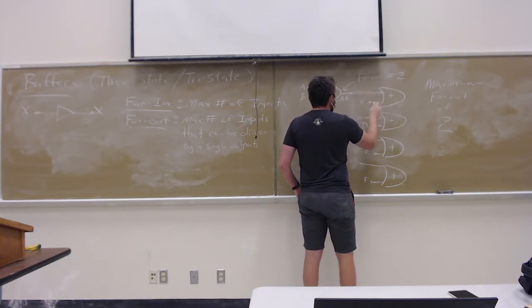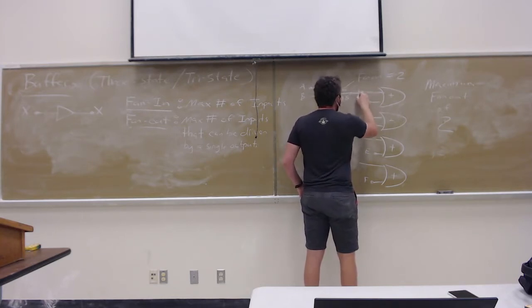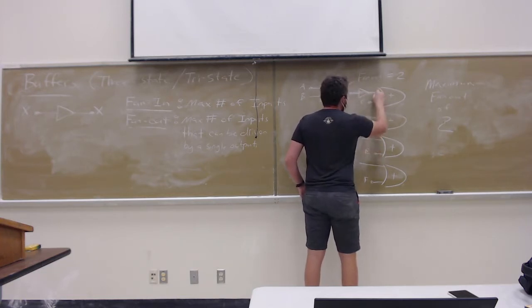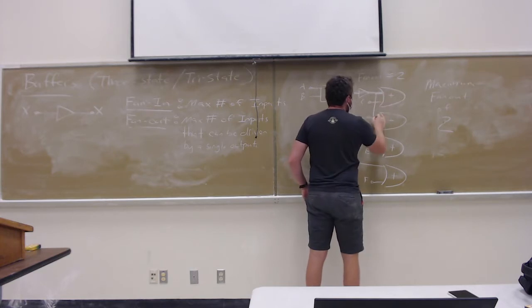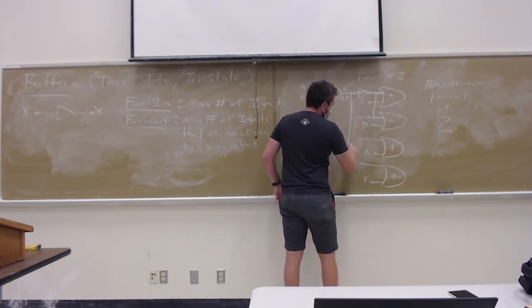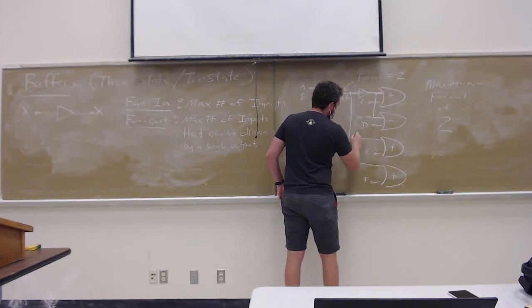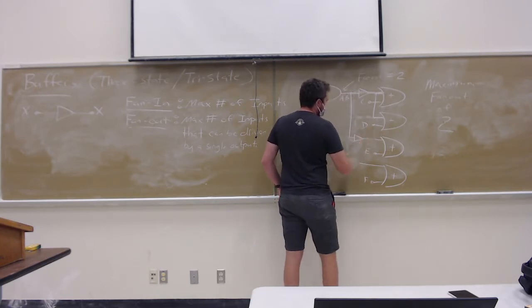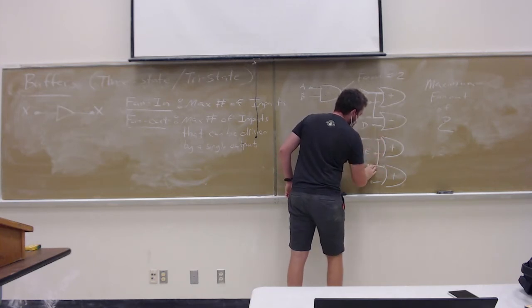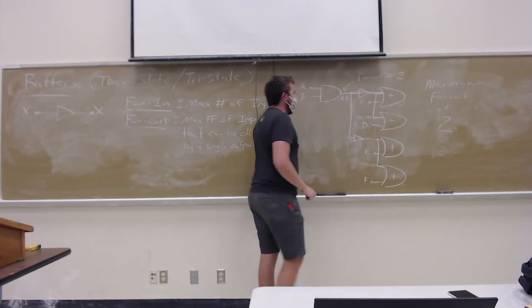The output goes to a buffer, which will drive this OR gate and this OR gate, and we'll put it to another buffer that can drive these other two OR gates.